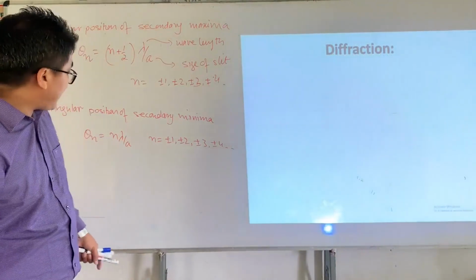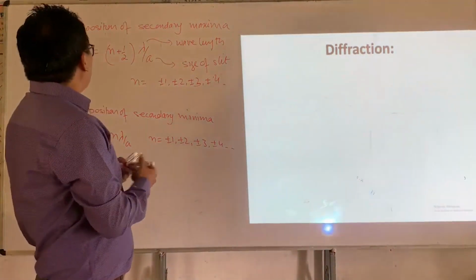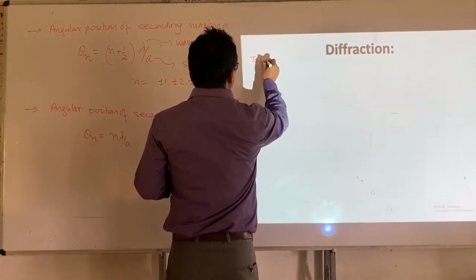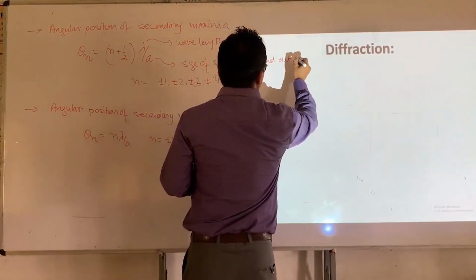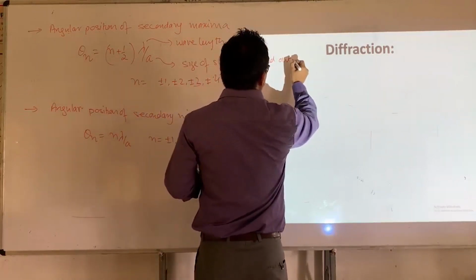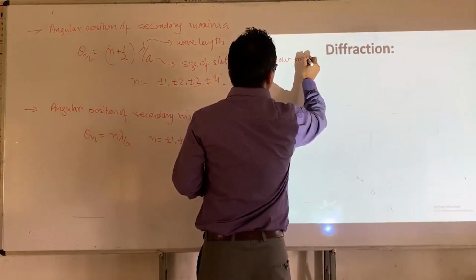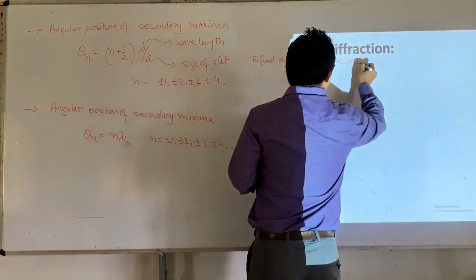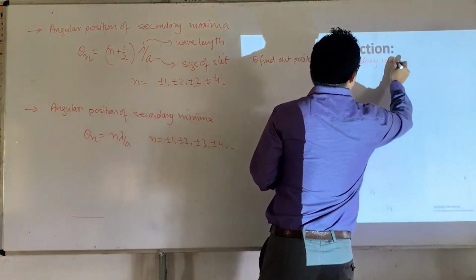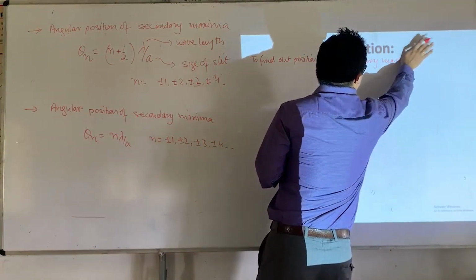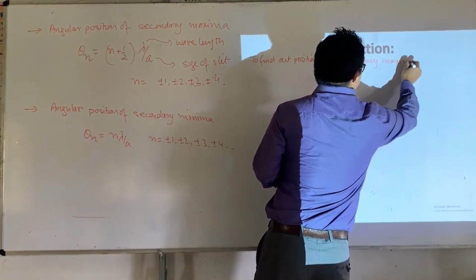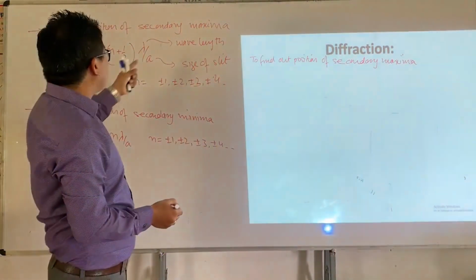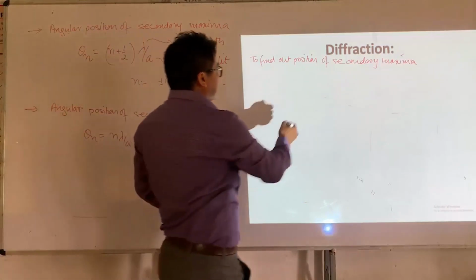Now, to find out the position of central maxima and the position of secondary maxima, look here. What I'm going to do is take a slit like this.